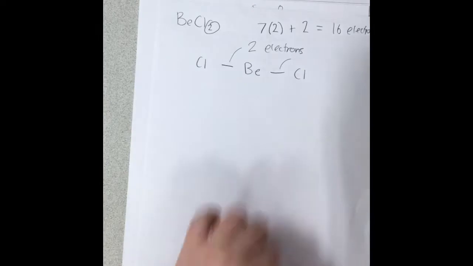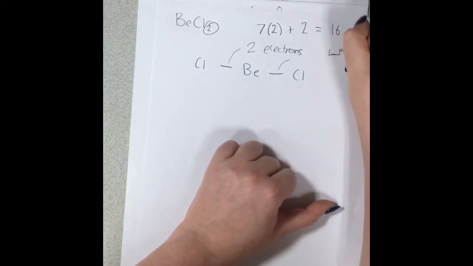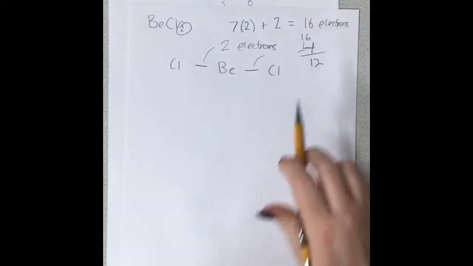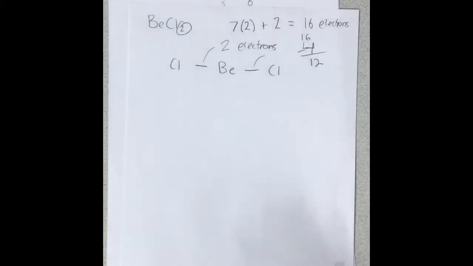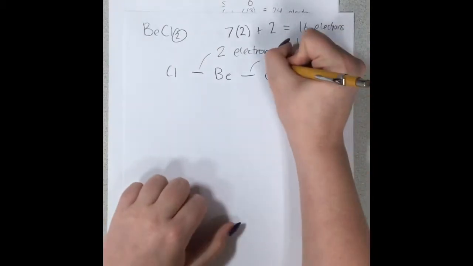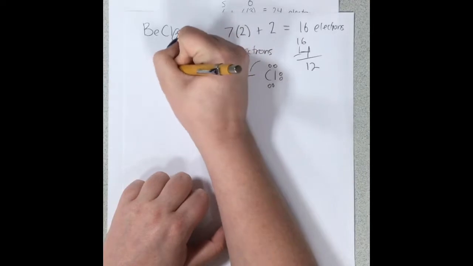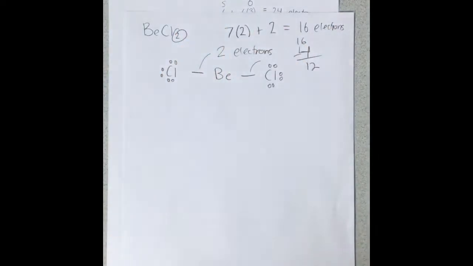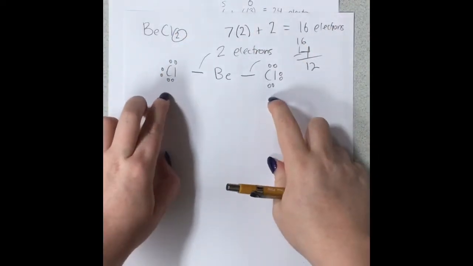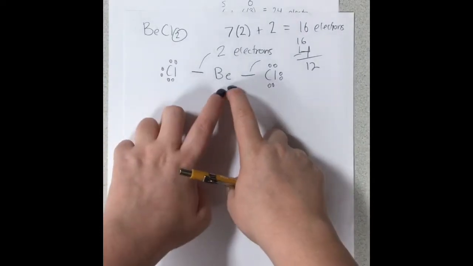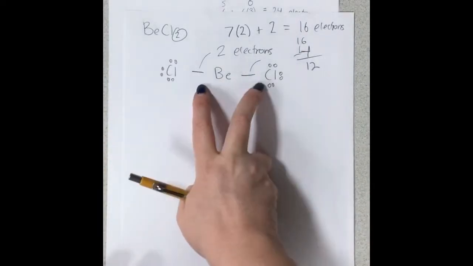Keeping that in mind, we have already used 4, so 16 minus 4 is 12. So we have 12 electrons left to put into our Lewis structure. We're going to put those 12 on the chlorines to try to form octets. As you can see, the 2 chlorines both have octets, but the beryllium only has 4 electrons.